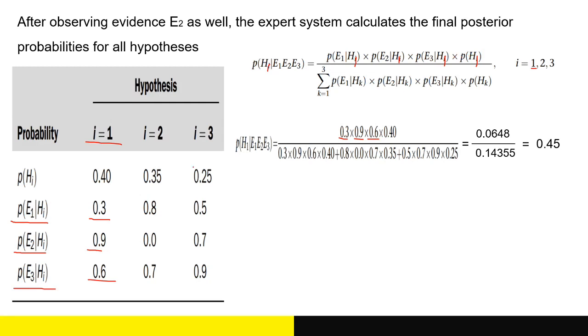And then the prior probability of hypothesis 1 is 0.40. And if we multiply them, their product is 0.0648.